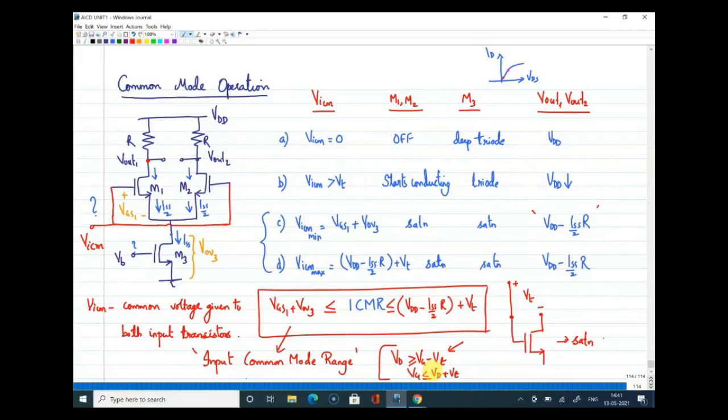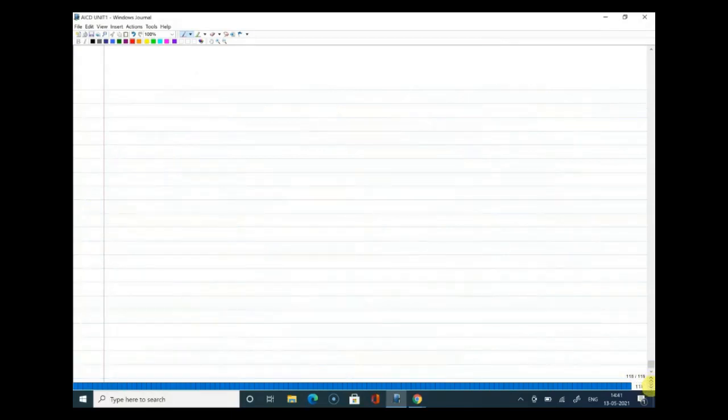So this is common mode operation. Let us discuss small signal analysis too, and then we'll come back. Now we will see small signal analysis of a differential amplifier.